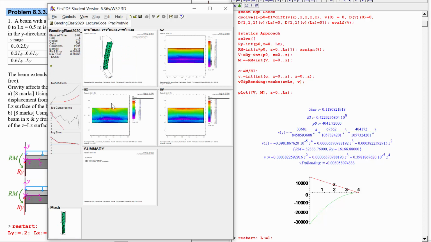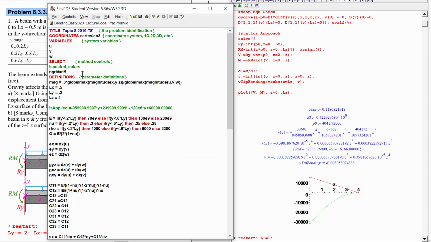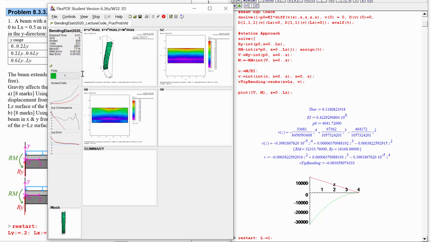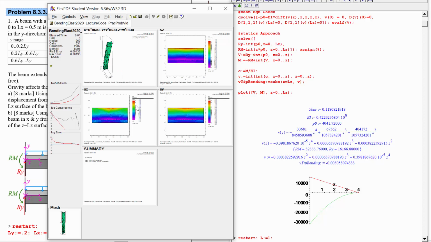Oftentimes it's better to just let Flex do whatever it wants with that grid density than to try to force it. So now it's going to put elements where it thinks it needs it, and that ends up with more precision around the anchor. So another thing that we could do again is add in the shear and see if that makes much of a difference.